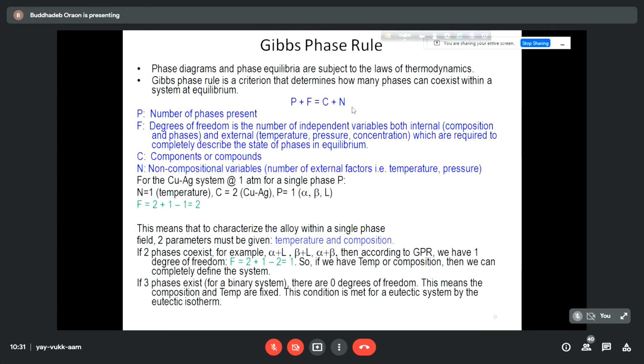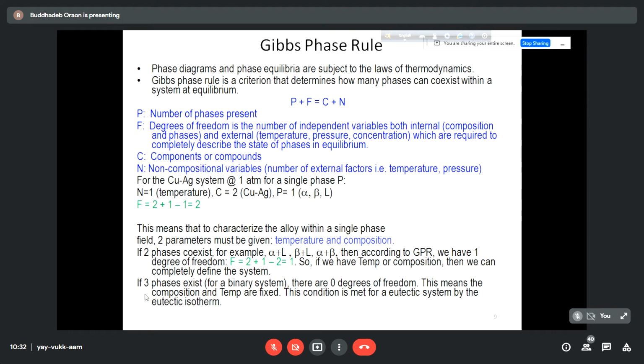And if you put this into this equation, I will get F as 1. It indicates that the number of degrees of freedom is only 1. So if we have either temperature or composition, then we can completely define the system. That means only one parameter will be sufficient to completely define the system under equilibrium condition.